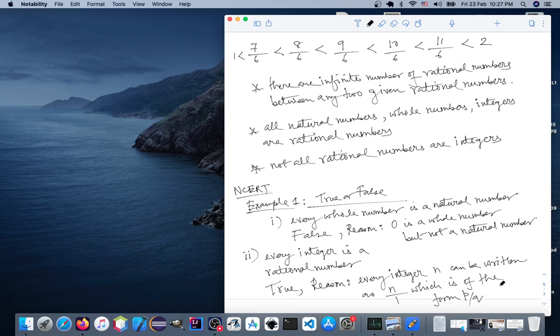So every integer n can be written as n by 1, which is obviously a rational number because it is of the form p by q.